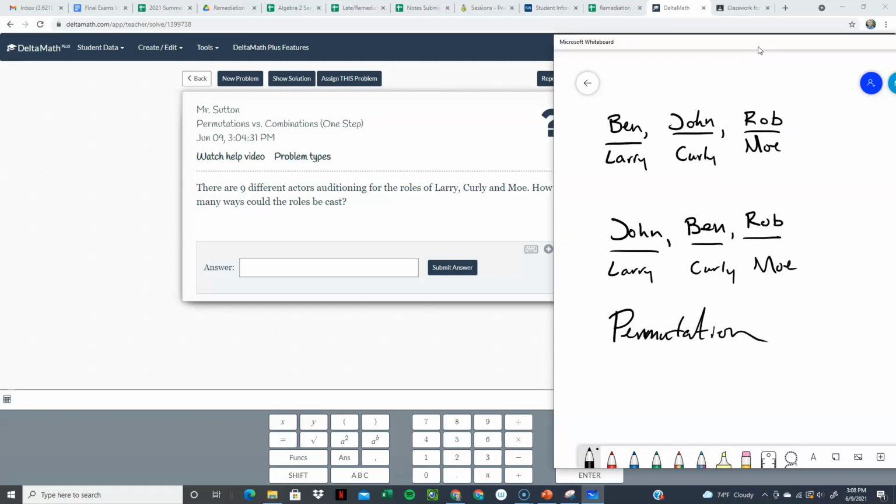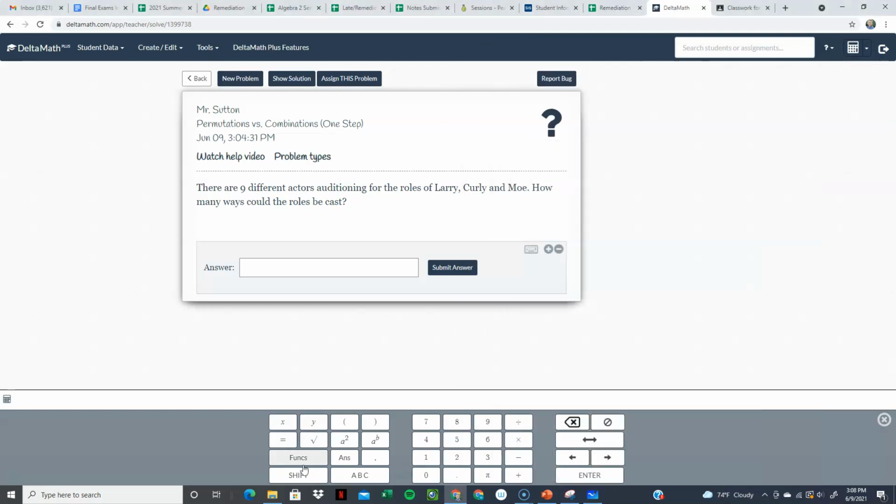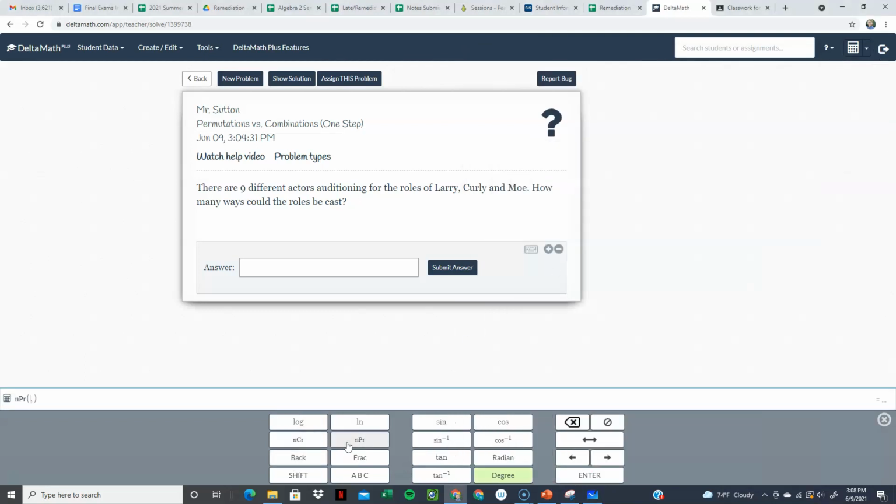Okay, so this is a permutation. So we want to click the permutation function. And then there are 9 actors here. So N is 9 being cast into 3 roles. So it's going to be 9 permute 3, which is 504, it says.